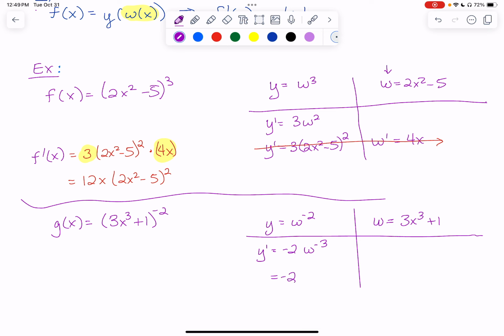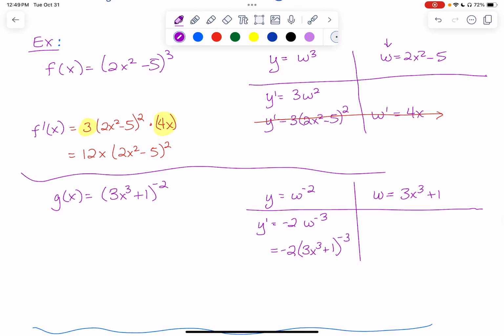So I have negative 2 times 3x cubed plus 1 all to the negative 3 power now. This is my y prime, or my derivative of y. My derivative of w is going to be 9x squared.